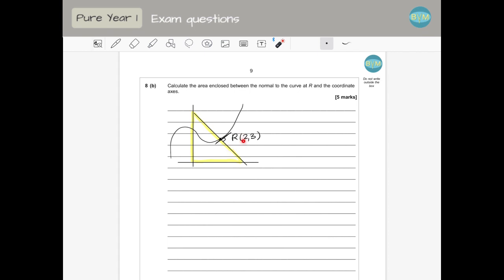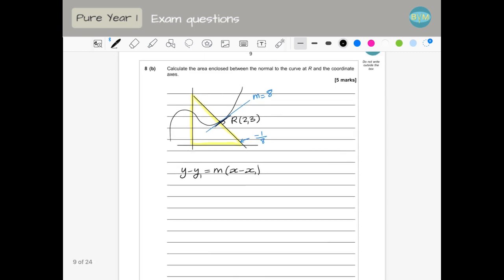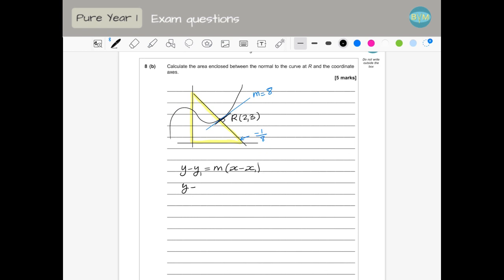I know one point, and I know the gradient, because the gradient of the tangent is 8, so the gradient of the normal is the negative reciprocal, minus 1/8. So the equation of the line, using y minus y1 equals m times x minus x1, is y minus 3 equals minus 1/8 times x minus 2.